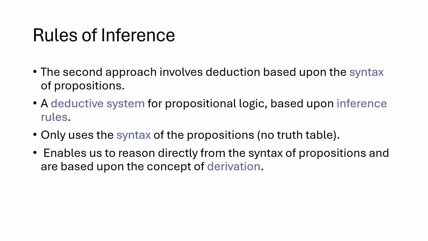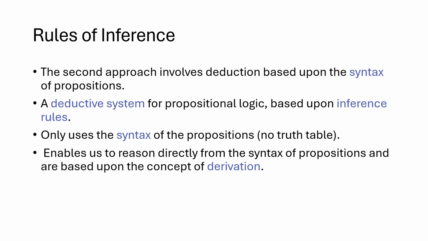Now, to say more about this approach, what we are introducing is called a deductive system for propositional logic. And what we do here is we introduce a set of rules on how we can derive new formulas from existing ones, from known formulas. And these rules are called inference rules. As we will see in a minute or so, there are inference rules for each connective.